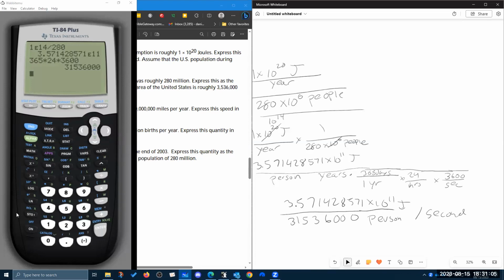So let's divide this out. 3.571428571 divided by 31,536,000 is 1.132492571 times 10 to the negative 7th, times that 10 to the 11th.